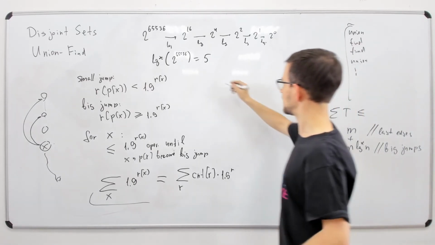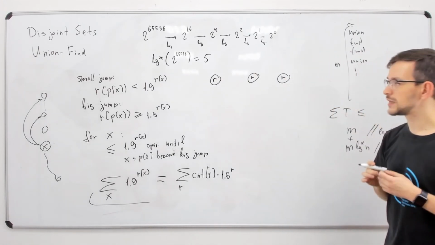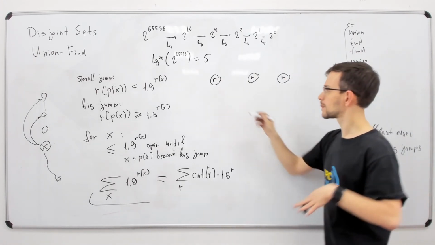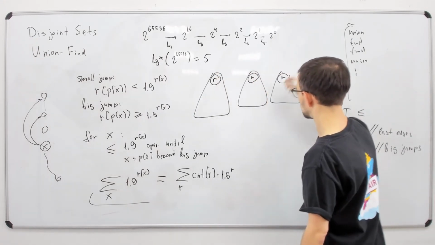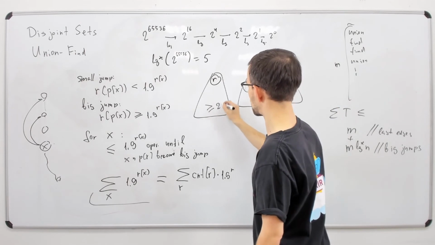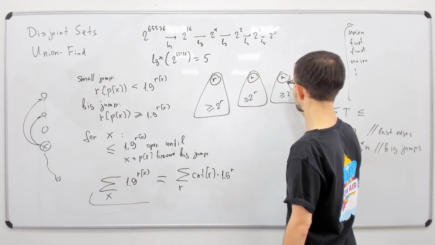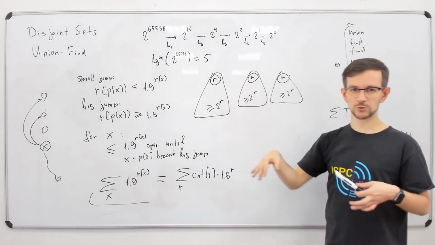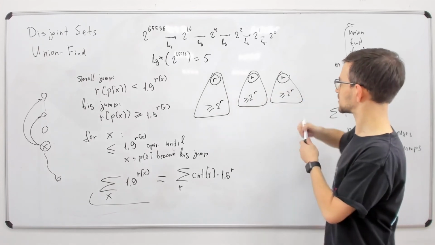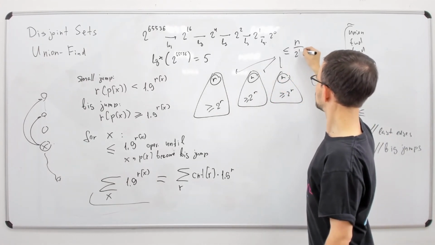Imagine you have the tree, you have several nodes of the same rank. If you have several nodes of the same rank, then for each subtree you have at least 2 to the power of r nodes. And in total you have n nodes, so the number of these elements is no more than n divided by 2 to the power of r.